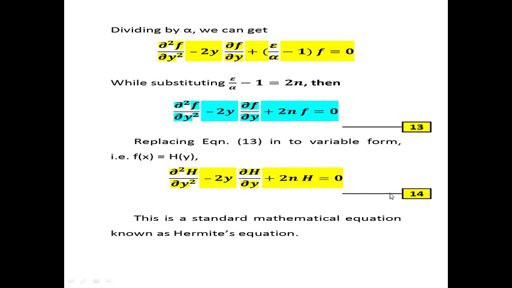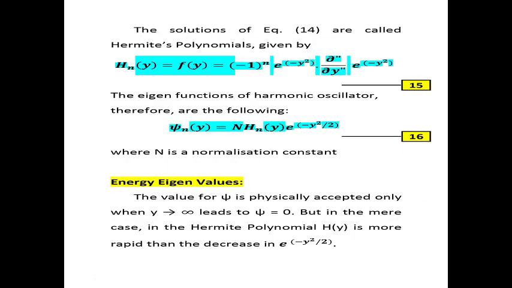This equation number 14 is a standard mathematical equation known as the Hermite equation for the linear harmonic oscillator. The solutions of equation number 14 are called Hermite polynomials, given by Hn of y equal to f of y.